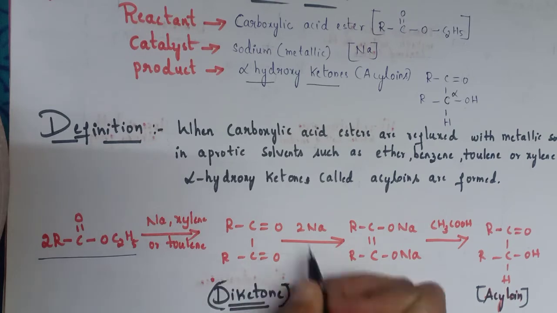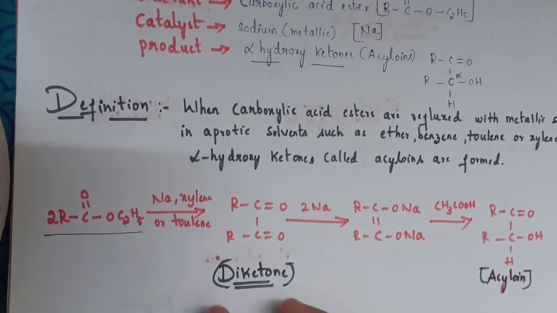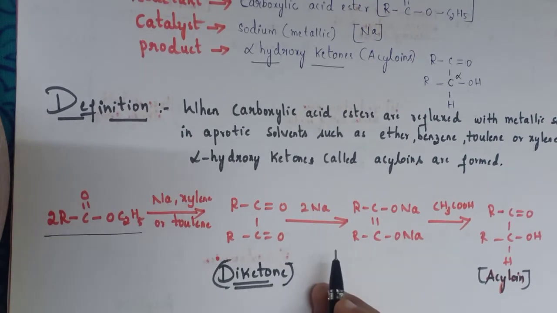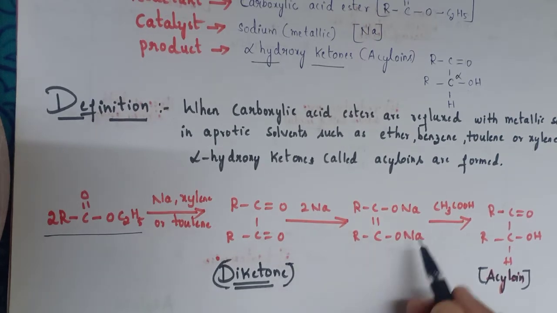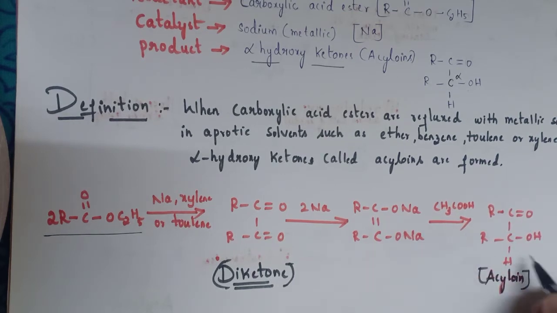Then we will get a diketone intermediate, which is very important in this Acyloin condensation. Then with 2Na we will get this type of product, and further when we react with acetic acid we will get the acyloin. You will understand this general reaction when you come to know the mechanism very clearly.